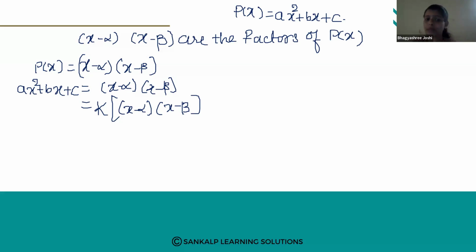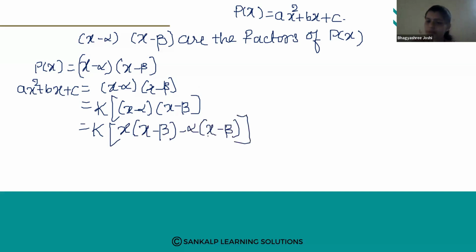So what will happen, x into k times x minus beta, minus alpha into x minus beta. One time I multiply kx with this, and alpha with this. That is x into x minus beta minus alpha into x minus beta. Right? Okay.